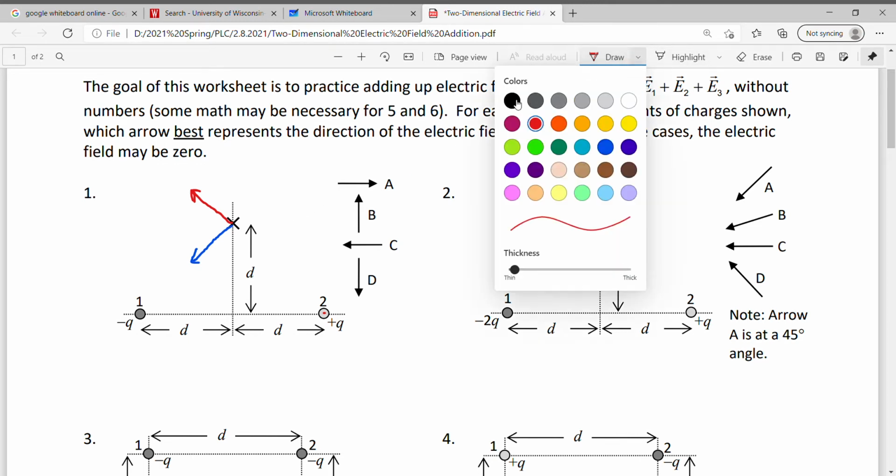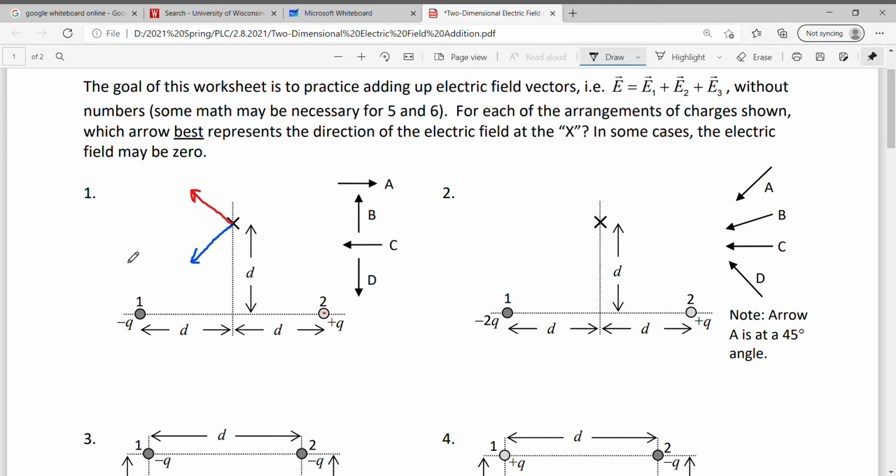Then, to make a vector addition, we can draw a graph to show this.